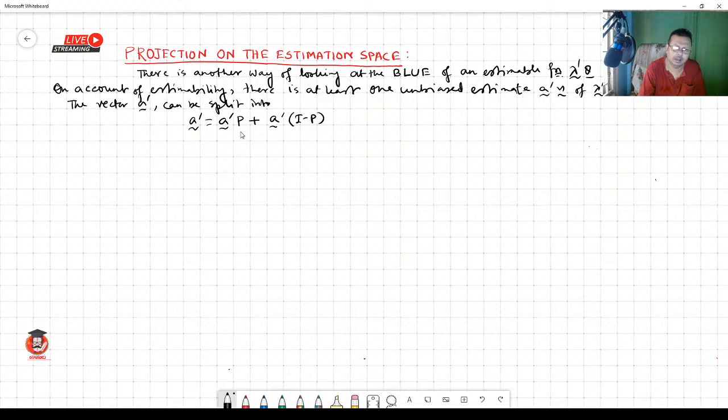And this is my claim now. We will prove it. P is a projection matrix where P equal to A S G inverse A prime. Now the property of P is symmetric.